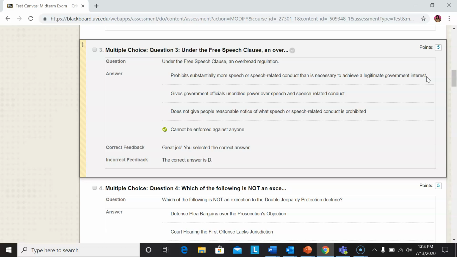Now, if it is determined that a regulation is overbroad, it cannot be enforced against anyone because it is unconstitutional. That can be illustrated from the example in your textbook under the void for overbreadth doctrine.